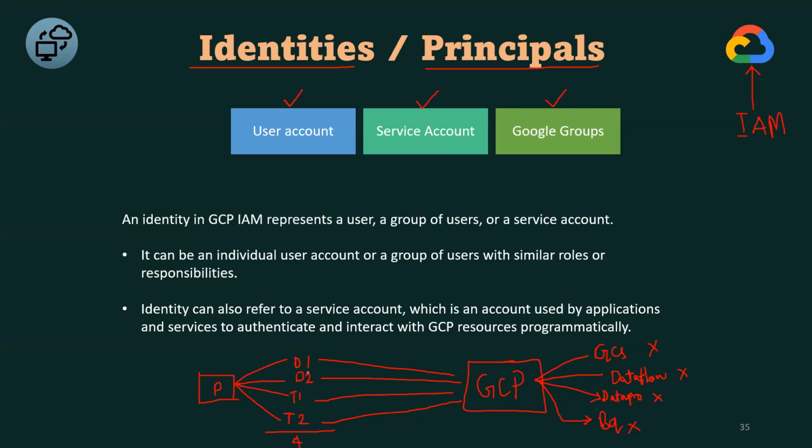I can create one group, which I would call a Google group. But I don't want to create a group here, because two developers' access is different and two testers' access is different. If all four people were developers only, they would need the same level of access, and then I would create a group.